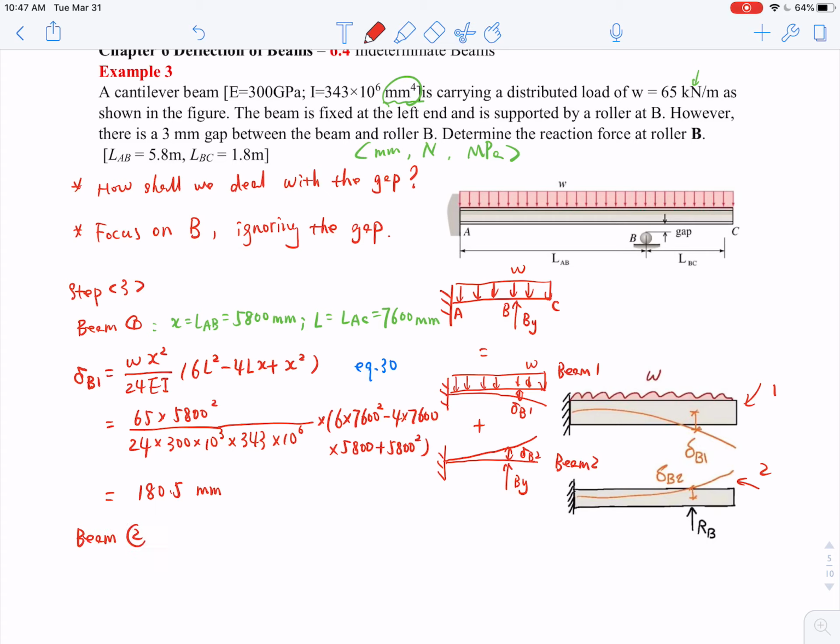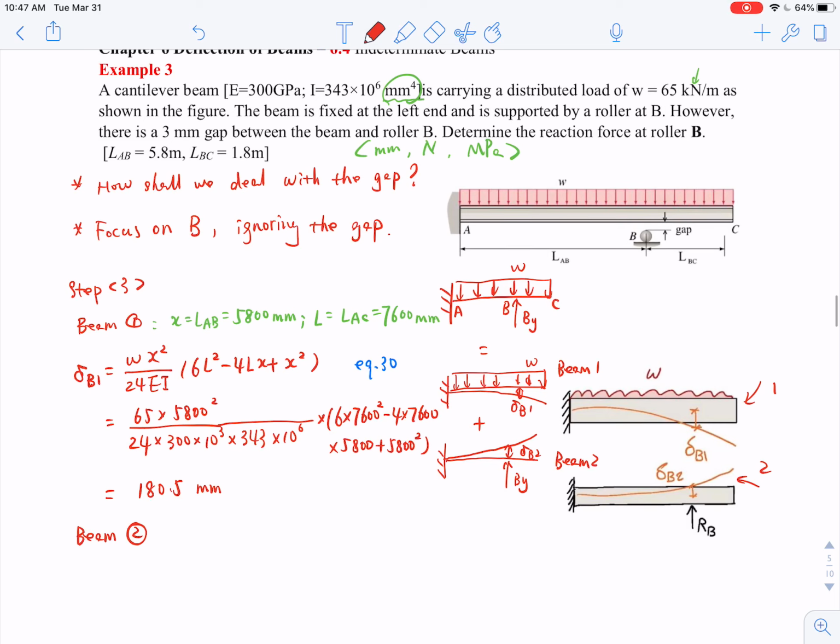Okay, in beam 2, this cantilever, the same cantilever, is subjected to a BY at point B. Again, as we analyzed before, when you have the BY, this part AB will be bended, but the section BC will actually keep straight.